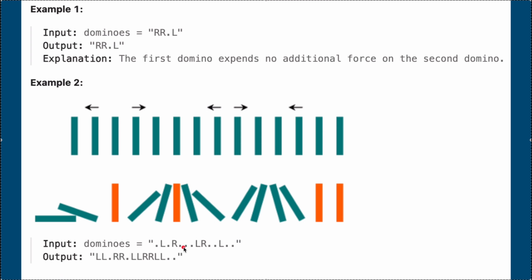So we are getting pushed to this side. Now we are getting one dot, so LL dot RR. As you can see, this output helps you to understand how far you are from left and how far you are from the right, right?